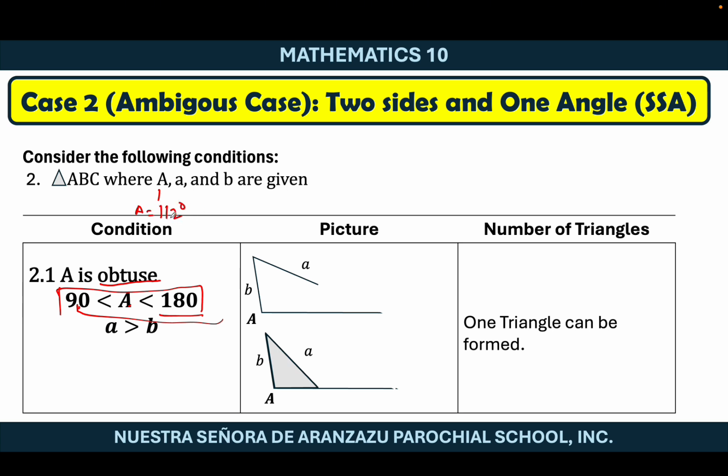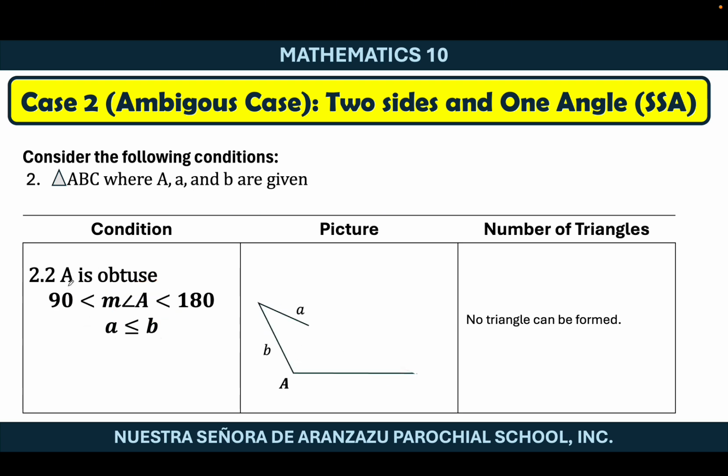Diba? Obtuse yan kasi greater than 90 siya. Then, your A is 20 and your B is equal to 15. So, sabi dito, when your A, the opposite side, is greater than the other side, then one triangle can be formed.